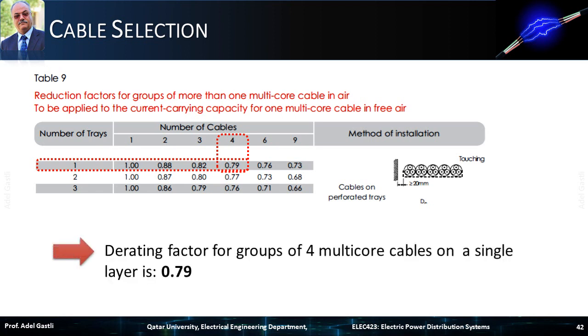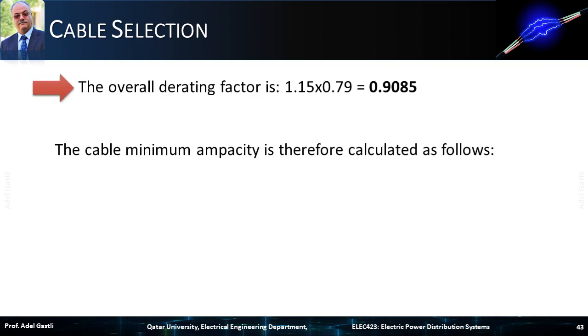So, the derating factor for groups of 4 cables on a single layer is 0.79. The overall derating factor is therefore 1.15 times 0.79, that equals 0.9085. The cable minimum ampacity is therefore calculated as follows.